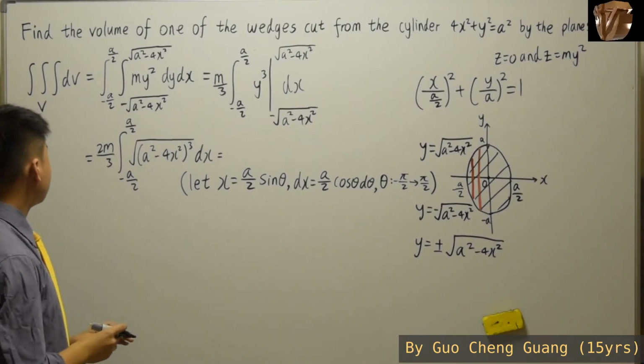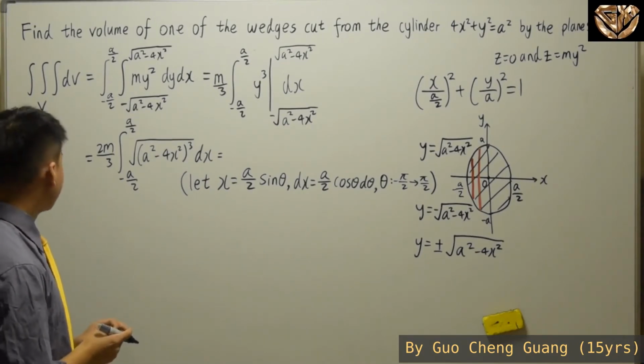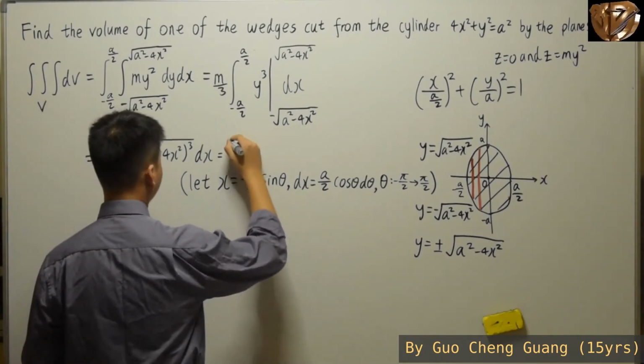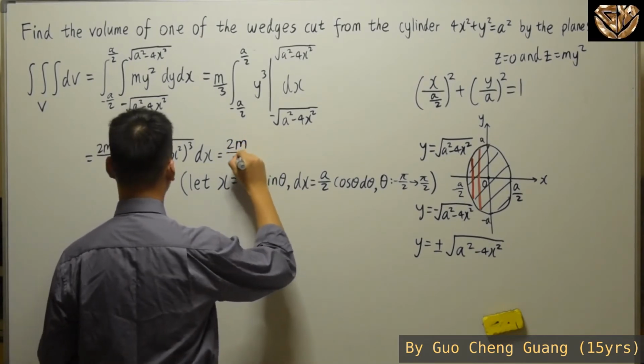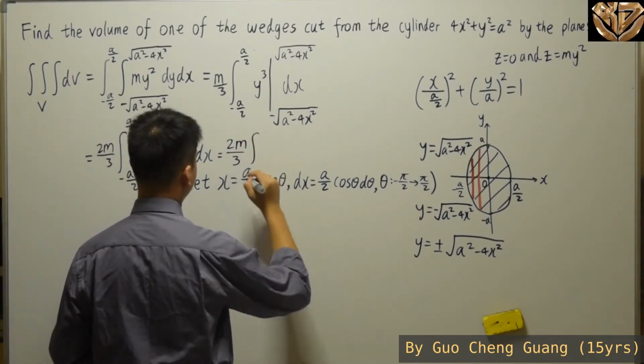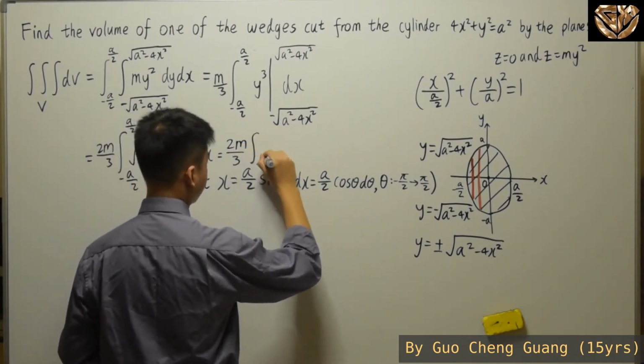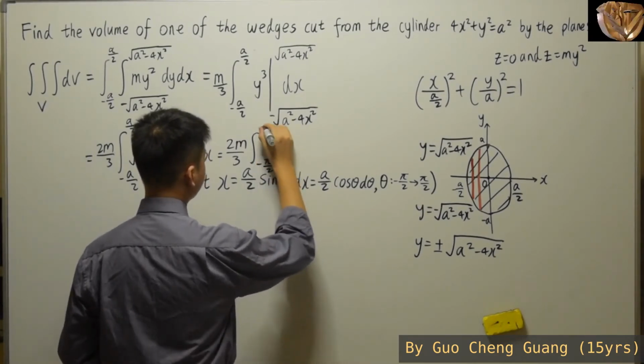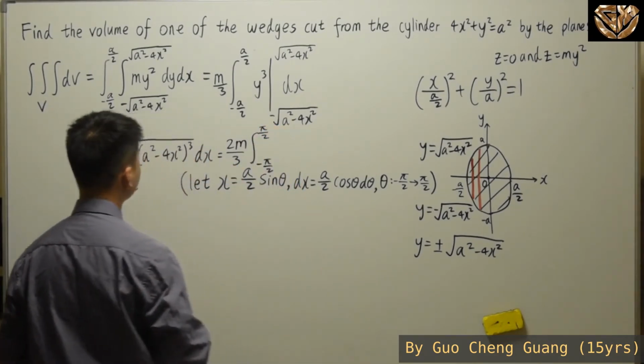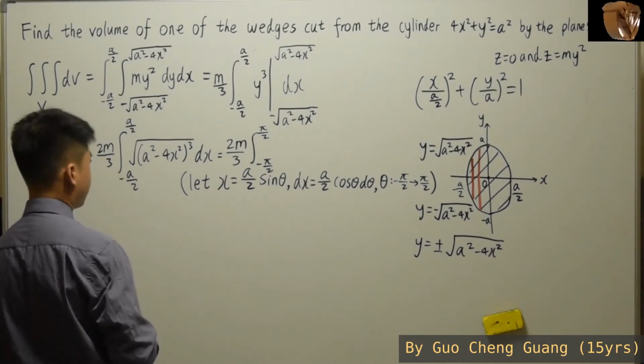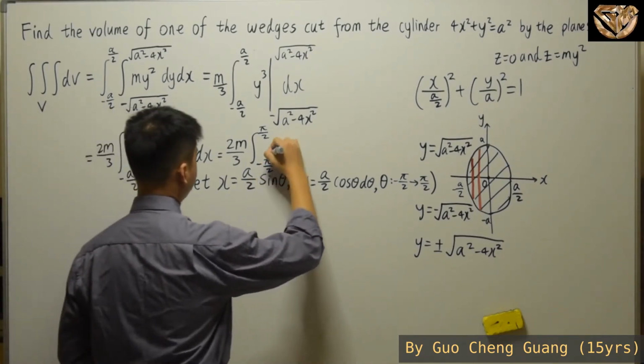Alright, so now that we can use this substitution, we are going to have 2m over a, integrate from negative half pi to half pi. Now, from this part inside, you're going to see a cubed.